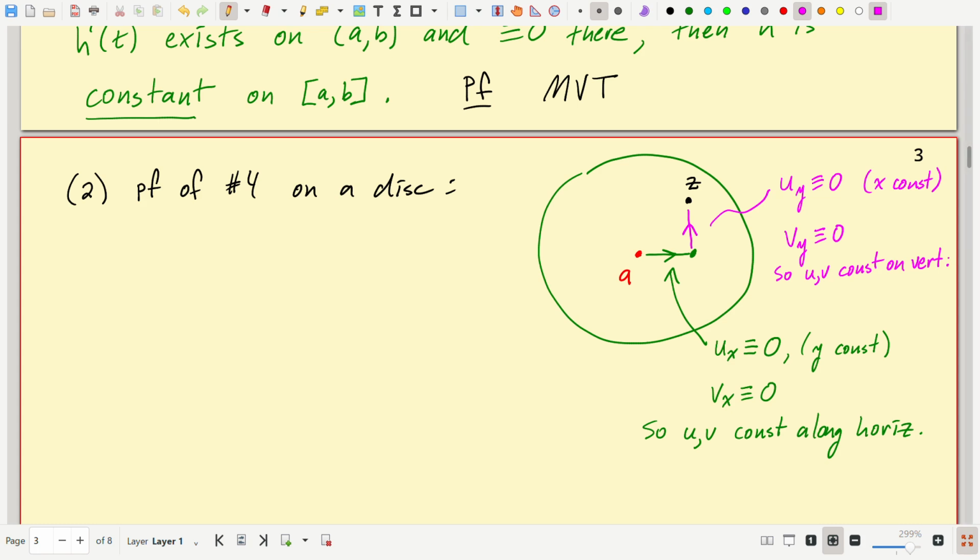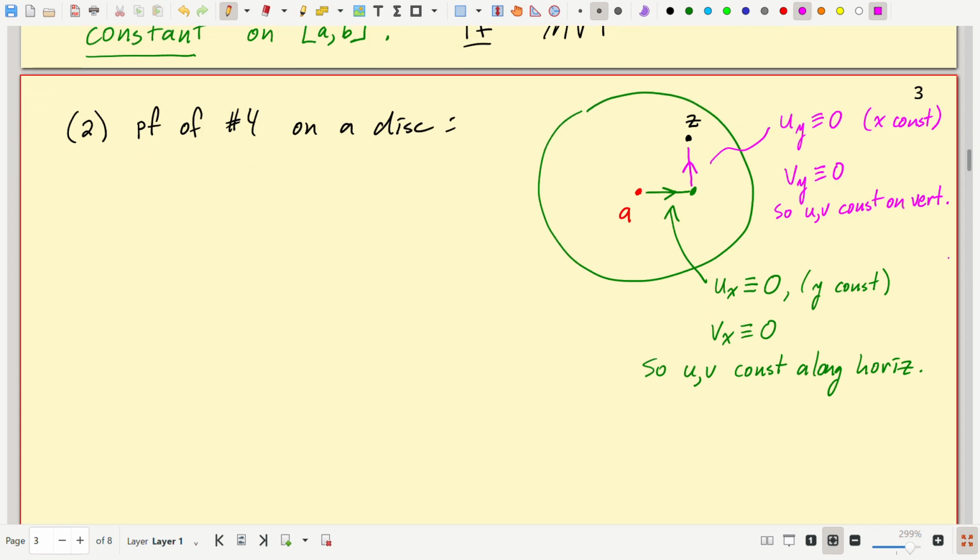You start at A, you get the same constant at the end of the green one, and then you continue up to Z and get the same constant up to Z. So that's how you see that the calculus lemma implies that u and v at Z are the same as at A. So check. It's constant on the disk.